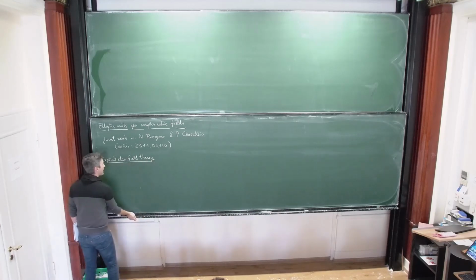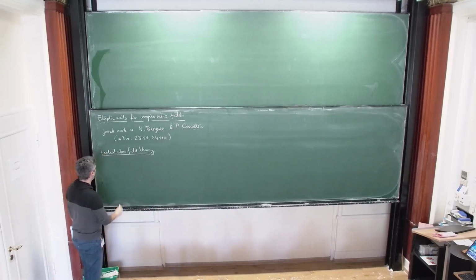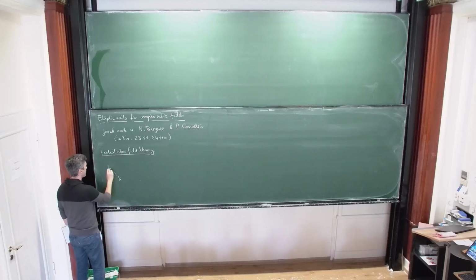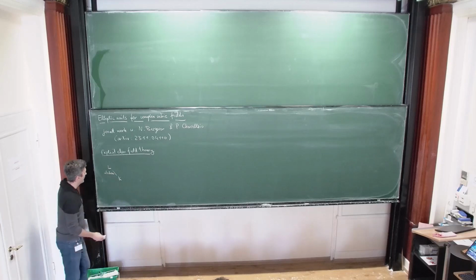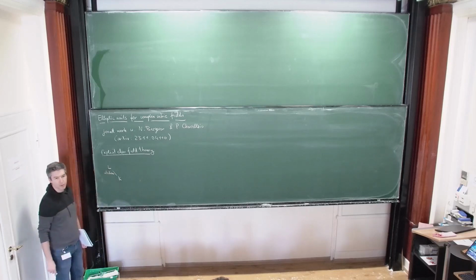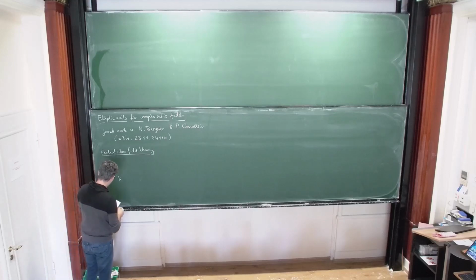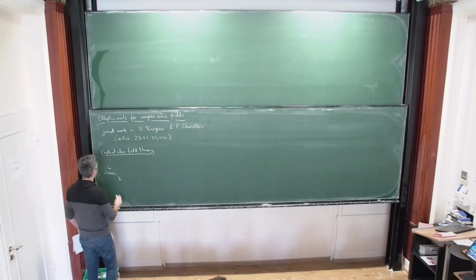So what is explicit class field theory? I'll start with a number field K, and one looks at extensions of K that are abelian, meaning they are Galois with abelian Galois group. And one would like to construct such extensions. So maybe let me phrase it like this.